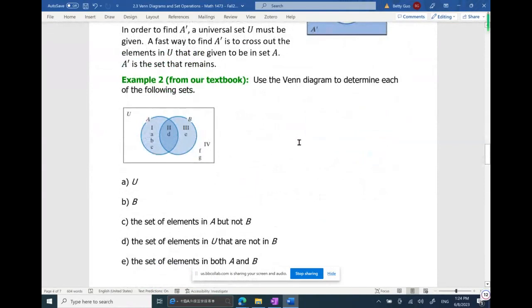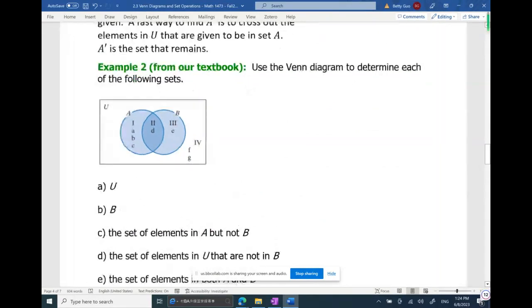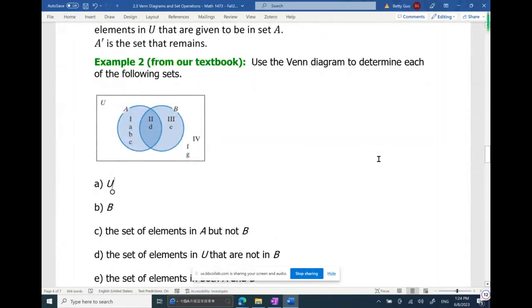Well, let's do some problems to reinforce the concepts we have just learned, universal and complement. In this Venn diagram, we have two sets, A and B. So the first part, we need to find the universal set.